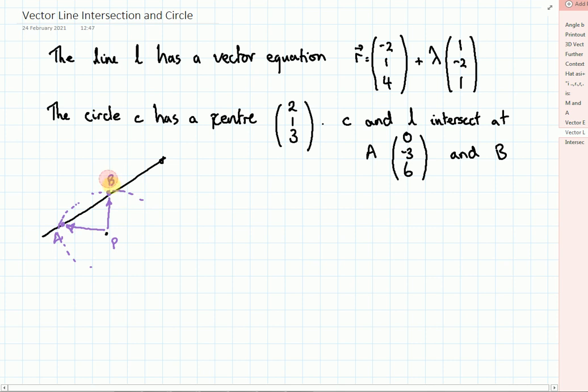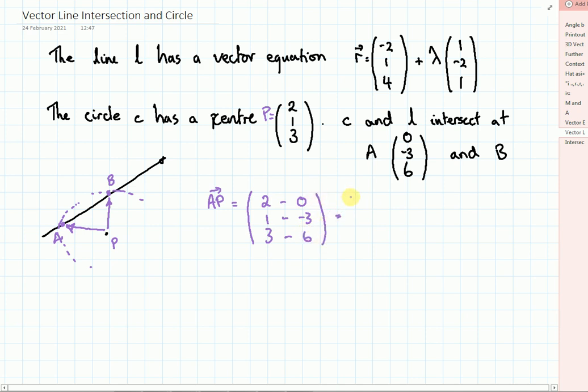What defines the circle is the radius, so we need the vector AP, which is going to be the position of P, subtract the position of A. So the centre P is that one. It's 2, 1, 3 minus OA, which is 0, minus 3, 6.